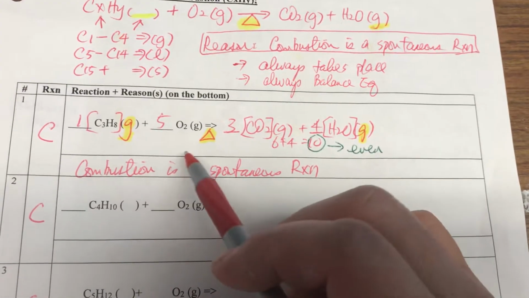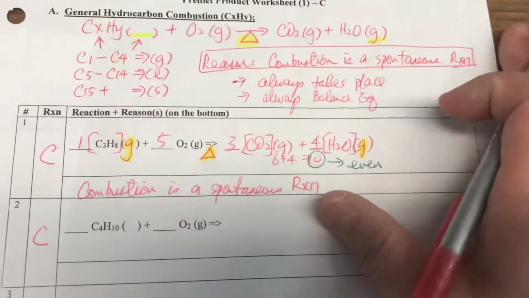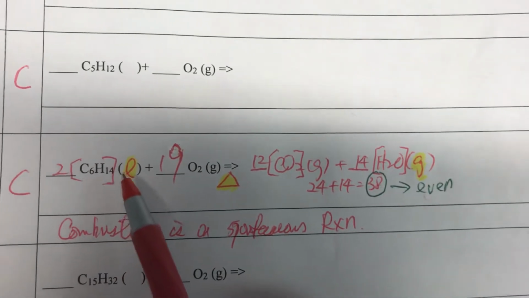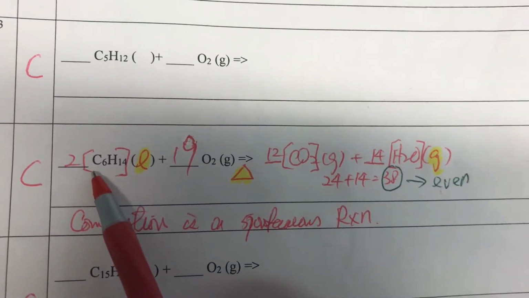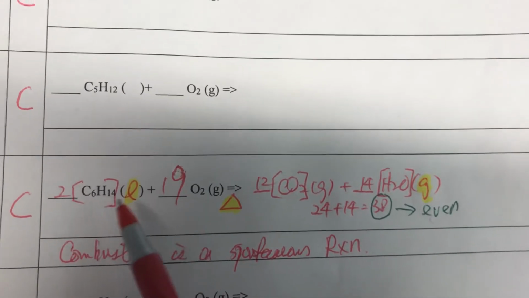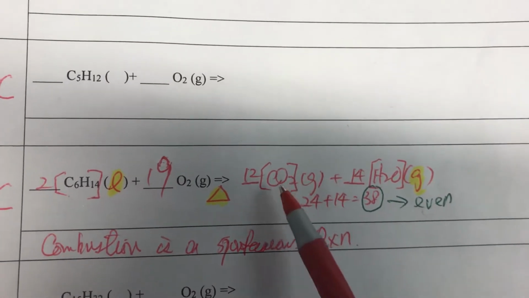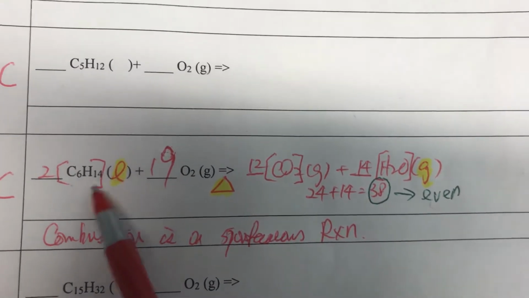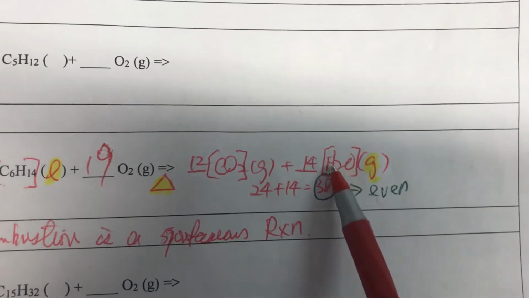And the reason here is that combustion is always a spontaneous reaction, so we always balance the equation. If X is an even number, it's a hydrocarbon, so we put the 2 in front to make it start. And this is a liquid because it's C6. So we put the 2 in front to make the carbon 12 now, so 12 carbon and 28 hydrogen, so 14 right here.